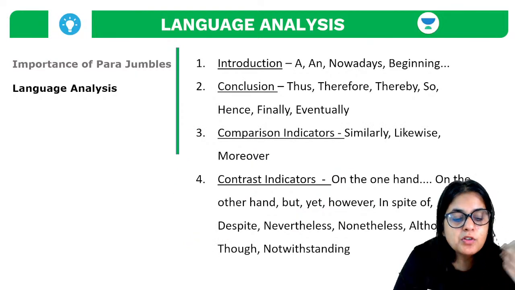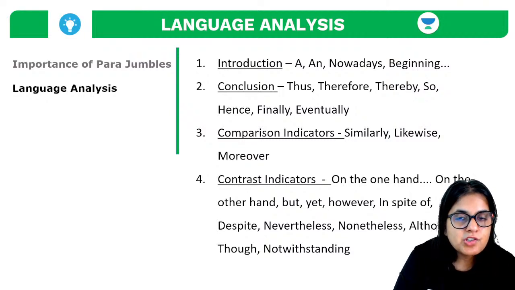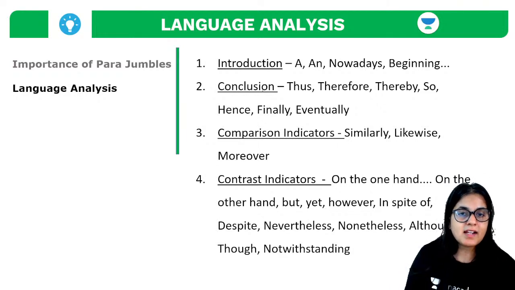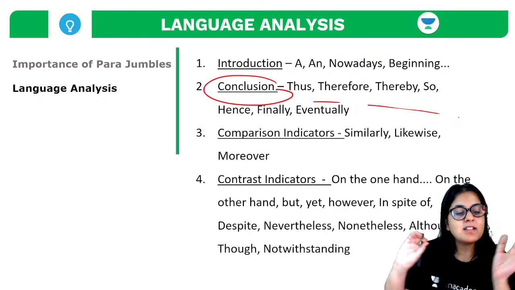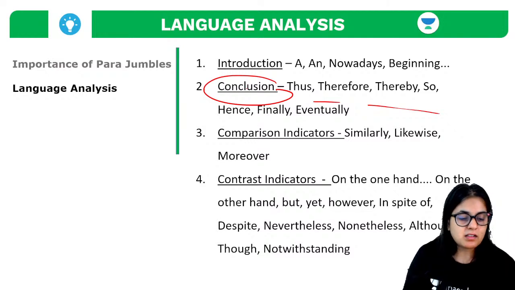Then it's very important to focus on conjunctions and a lot of words which are used as indicators. For example, introduction is generally general. Conclusion: it's not necessary that every time the sentence with thus or therefore goes last. No, this is a conclusion of a subset, not necessarily the conclusion of the whole para. One thing you have to remember: similarly, likewise, moreover, they will connect similar sentences together.